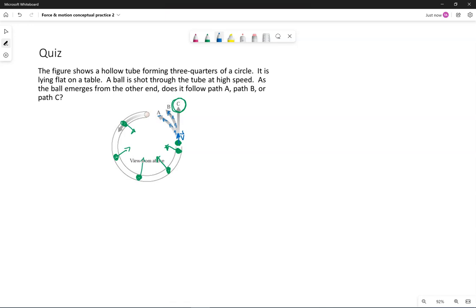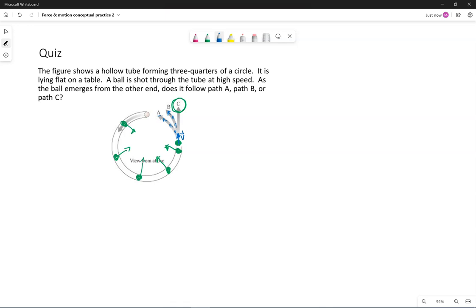Friction, in the case of a ball rolling through, is not going to cause that to happen. So C is the correct answer. This gets back to Newton's first law, the law of inertia. An object moving is going to continue moving if there's no net force acting on it. So it continues moving with a constant velocity.